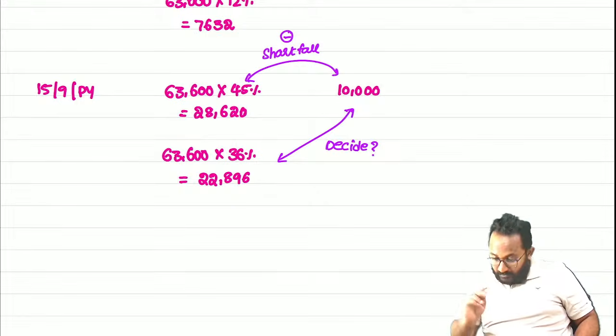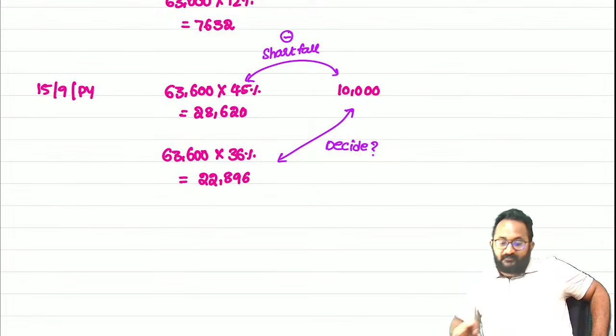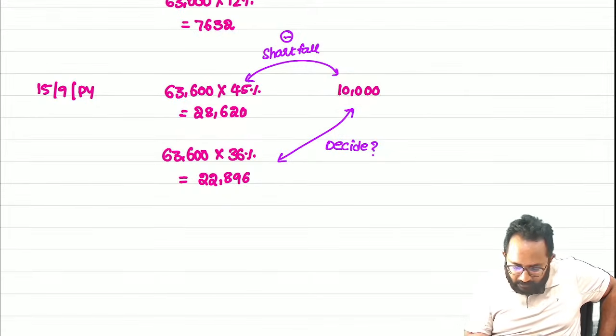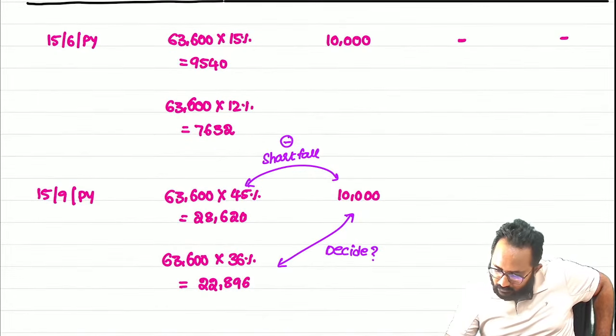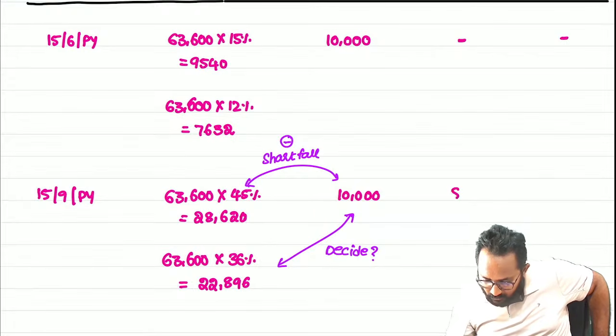For knowing the shortfall amount, the difference between these two is the shortfall amount. For deciding you only have to check. Once it is short paid, the difference between these two is called the short payment. How much? 28,620 minus 10,000. 18,620.